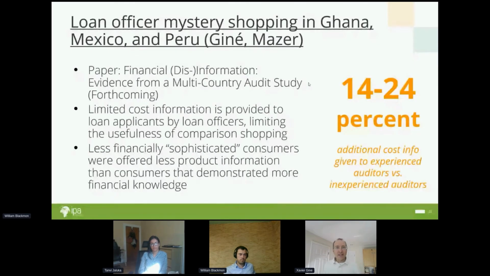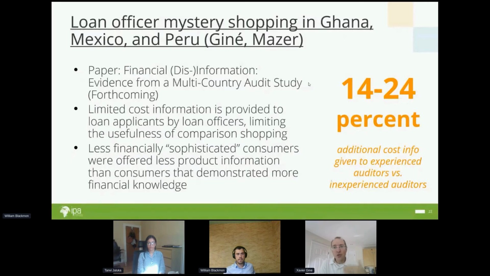But by and large, what we find is that very little information is disclosed voluntarily. Information about the cost of the product is only provided insofar as it's being asked. And that suggests that when we think about comparison shopping, if you do it based on the information that the staff provides, that information is only 30% of the total cost information, right?